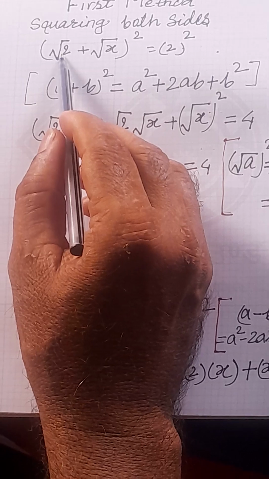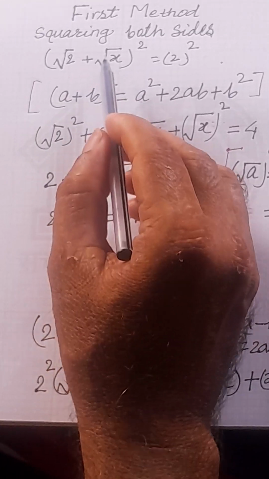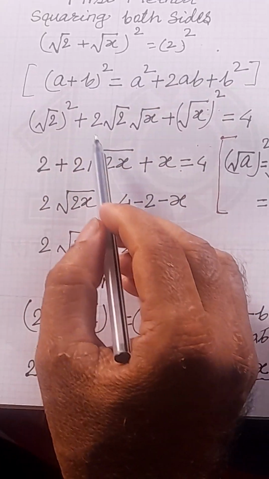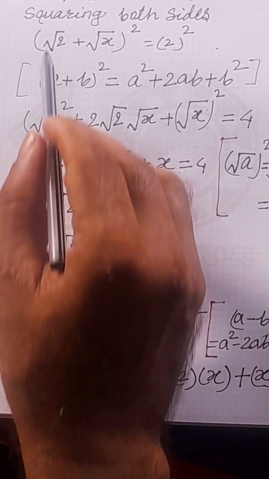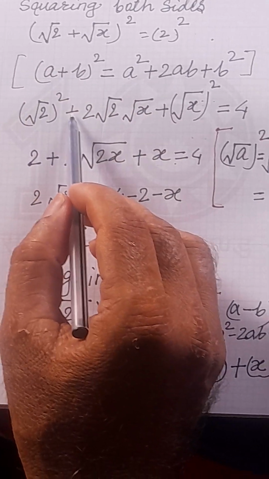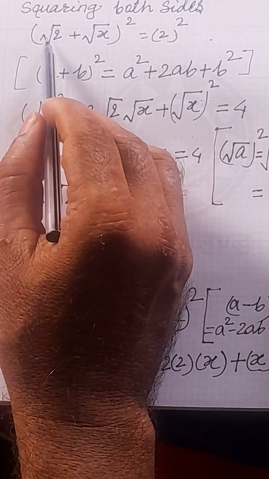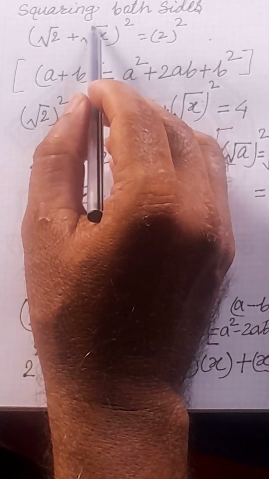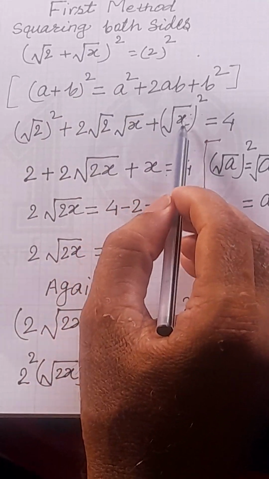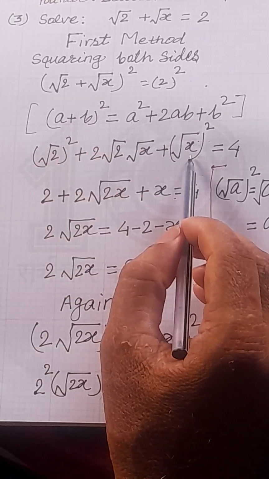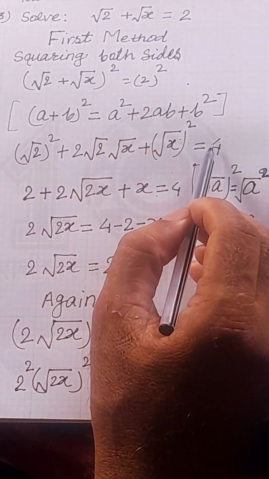So a means square root 2, b means square root x. So square root 2 whole square, plus 2 times root 2 times square root x, plus root x whole square, equal to 2 square.